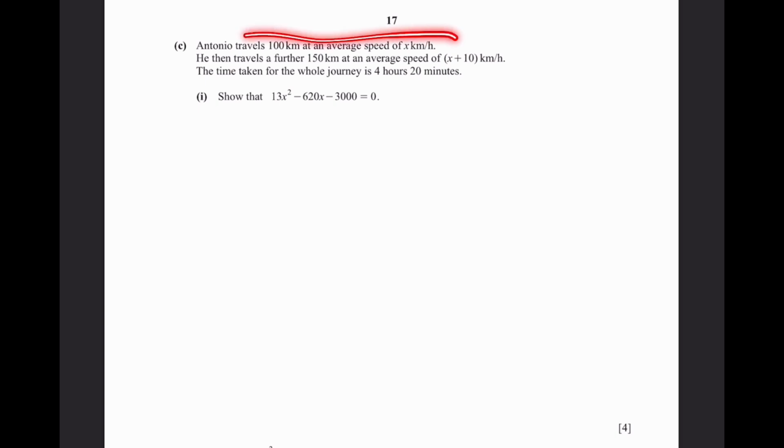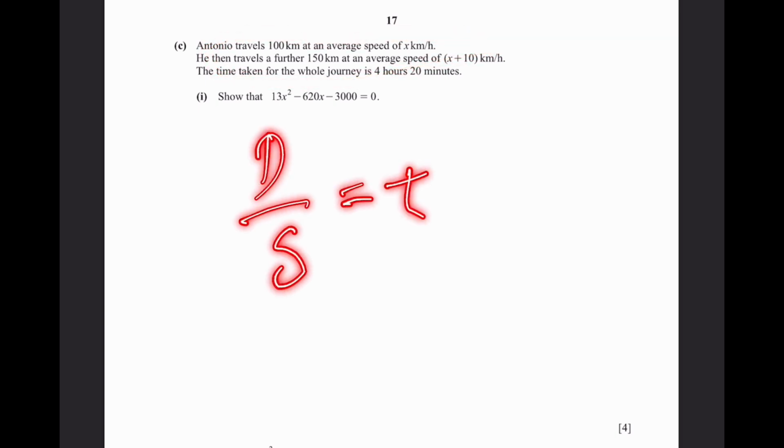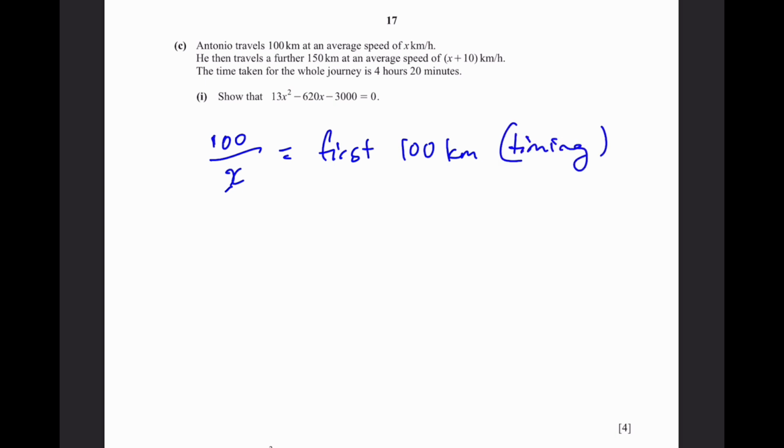Well, how do you find the total time taken? If you do the distance divided by the speed, that's the time. So the distance divided by speed is just going to be 100 divided by x. And this is for the first part of the journey, the timing for the first 100 kilometers.